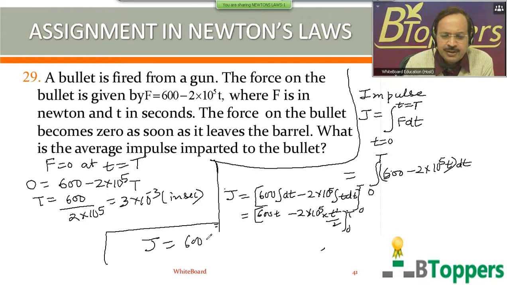So you can write 600 into capital T minus 10 to the power of 5 into T square.